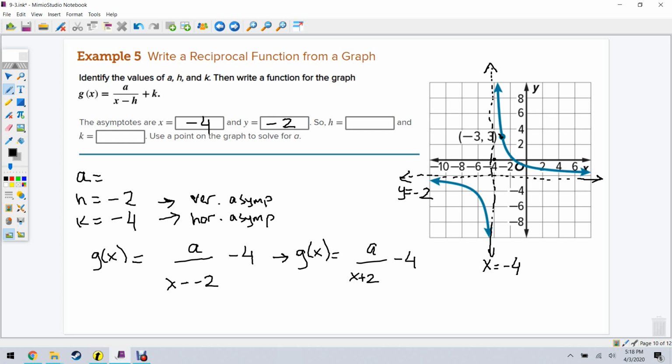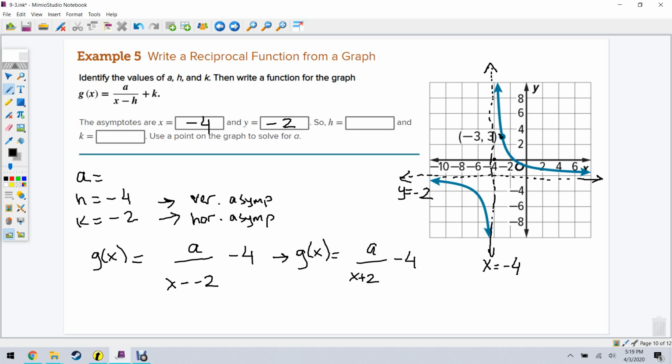Okay, there's a little mistake here, so we just put things the wrong way, sorry for that. So h is -4, k is just -2, because the vertical asymptote gives h and the horizontal asymptote gives k, yeah, this is better.